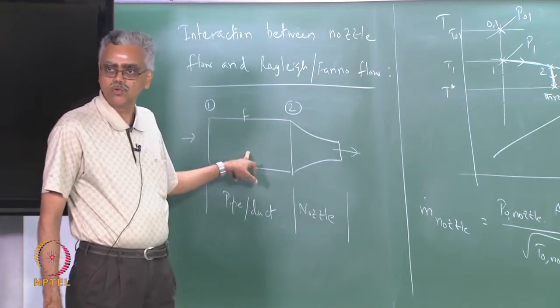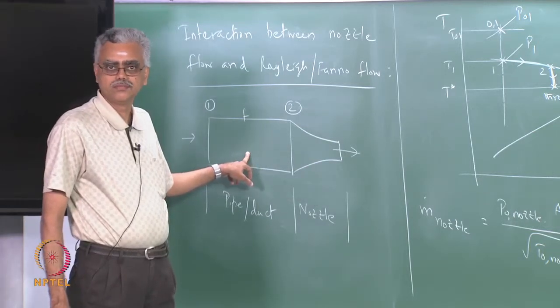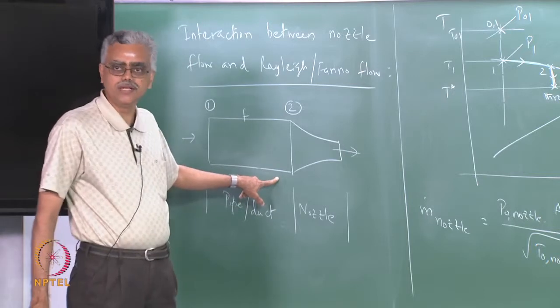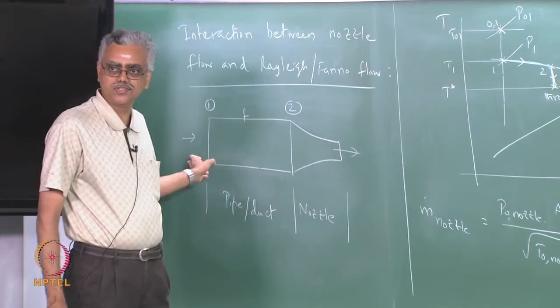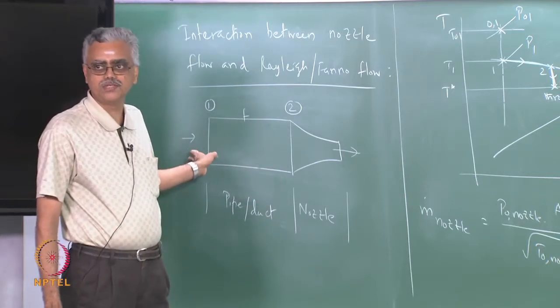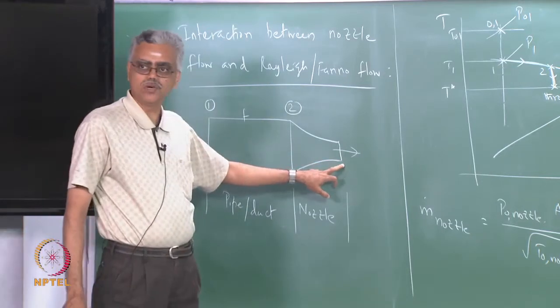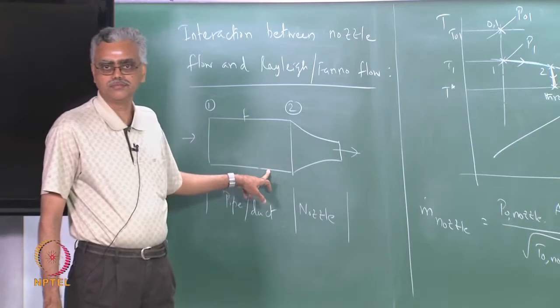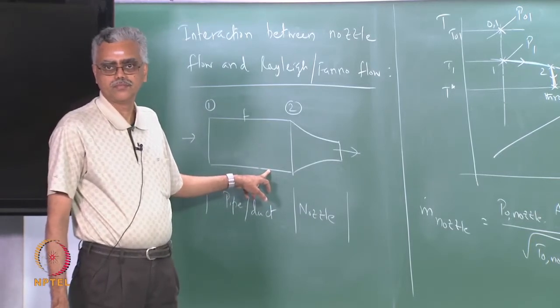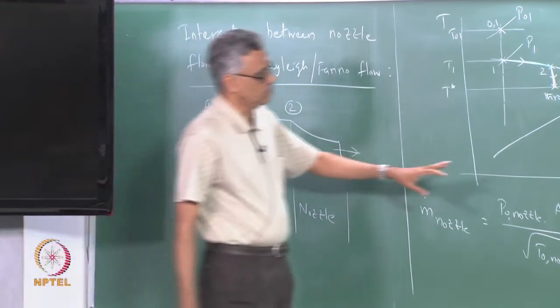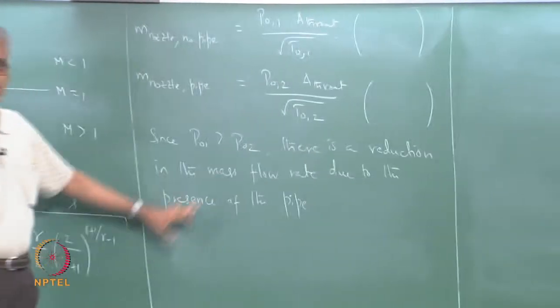We cannot have m equal to 1 here. So, if you make this very long, more than L star for this, then there will be an adjustment of the mass flow rate and inlet condition, so that m is always equal to 1 here and not here, okay.